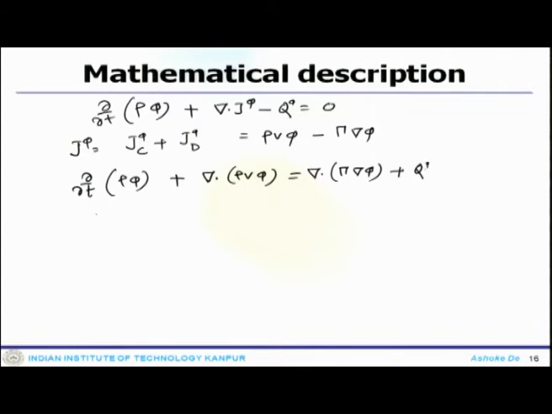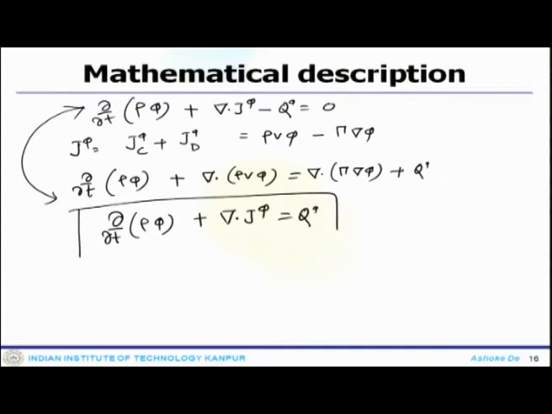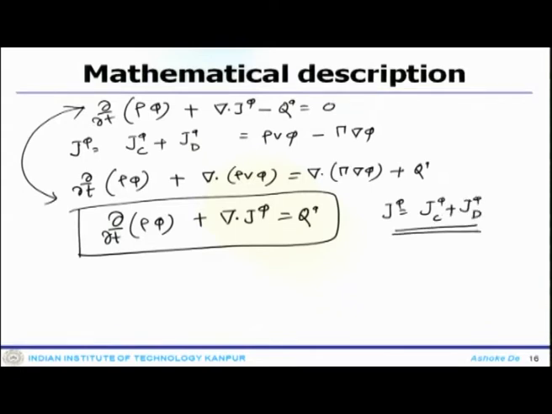These two equations are essentially equivalent, and I can write in a generic format del del t of rho phi plus del dot J phi equals the source term of phi, and this J phi is the convection plus diffusion flux. So this will take care of everything in one simple form.